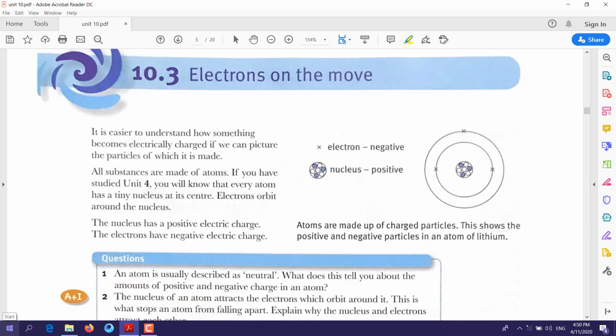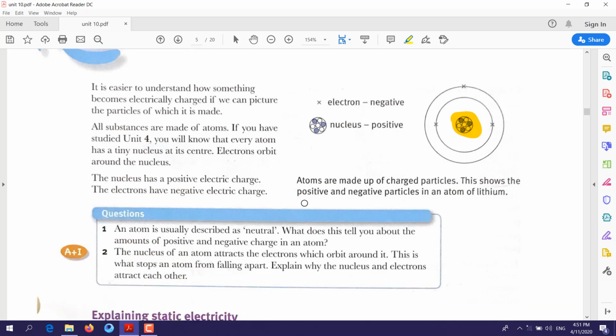Firstly, all materials or substances are made up of atoms. We studied atoms before. If we study the structure of an atom, it consists of a nucleus, this part we call the nucleus, and it's surrounded by orbits. These orbits contain electrons.